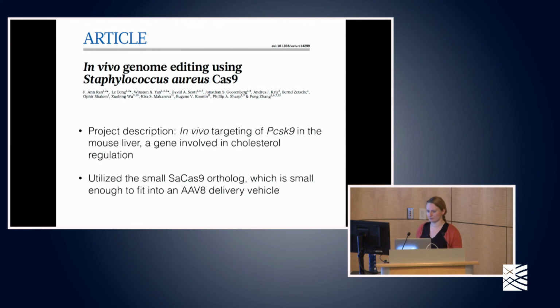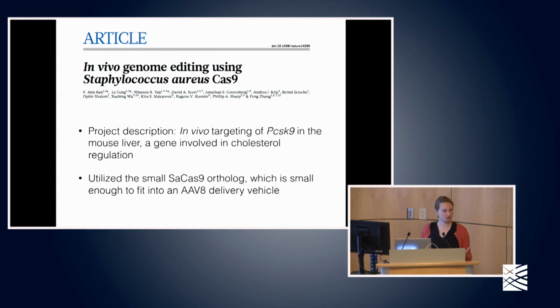And so here's an example putting this all together for targeted gene editing. In this paper, the goal was to have in vivo targeting of PCSK9, which is a gene involved in cholesterol regulation, targeting the mouse liver.